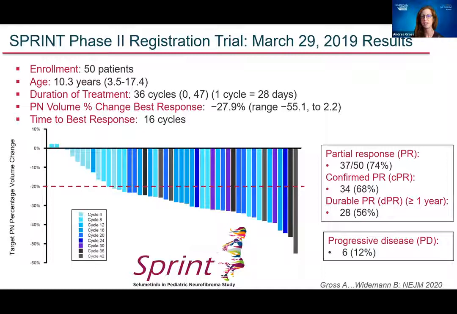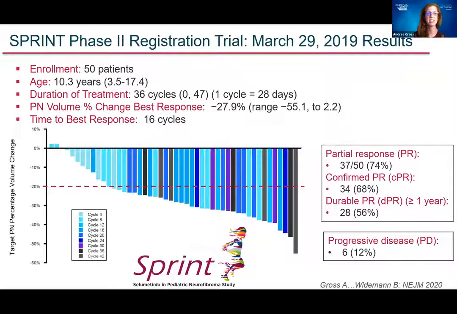Because patients were still continuing to have benefit, at the time of data cutoff there were many patients who were still on treatment. Overall, we enrolled 50 patients on the study. The duration of treatment at the time of that data cutoff was 36 cycles. The best response we saw in terms of volume was minus 27.9% in how much the plexiform shrank, and the time to best response was about 16 cycles.